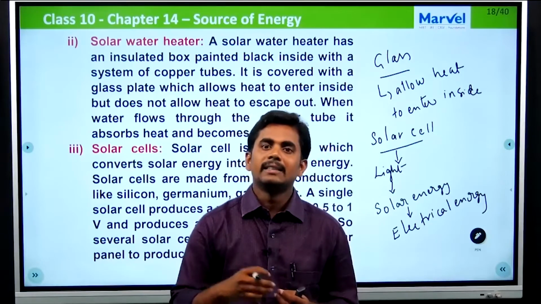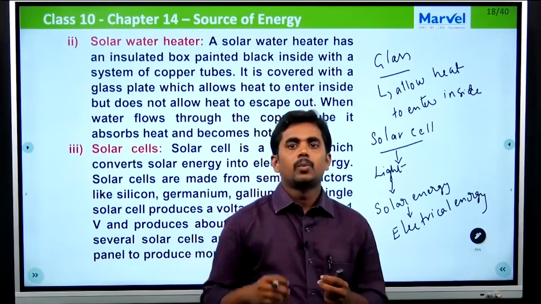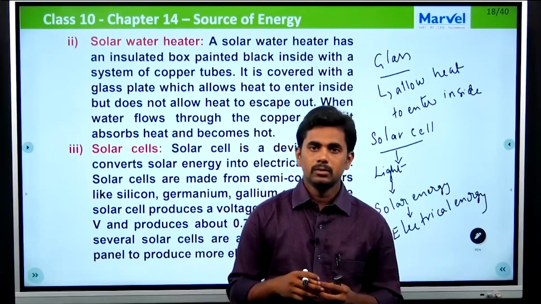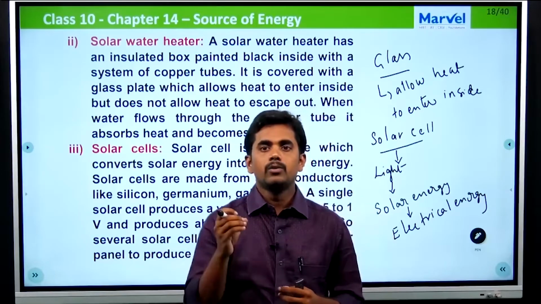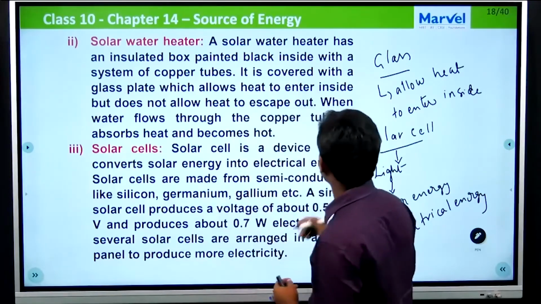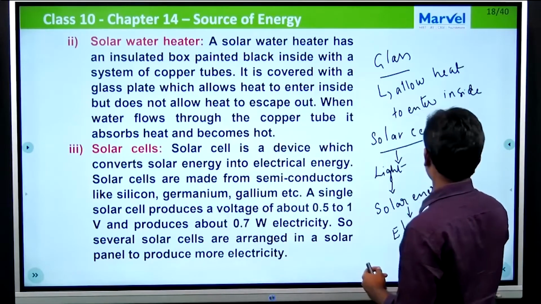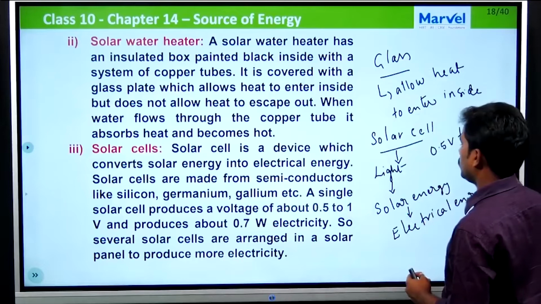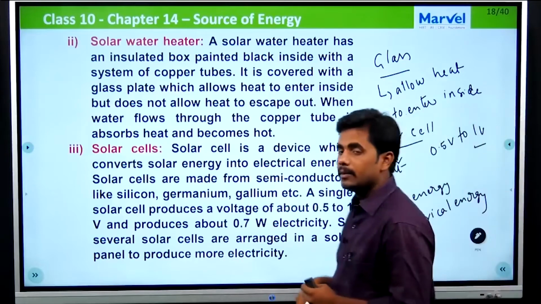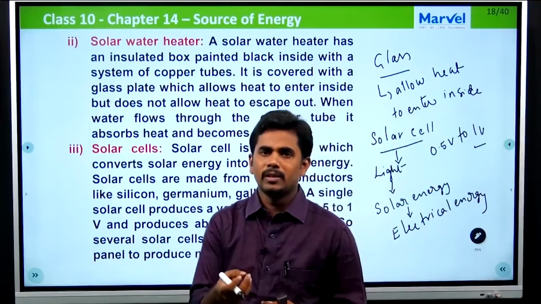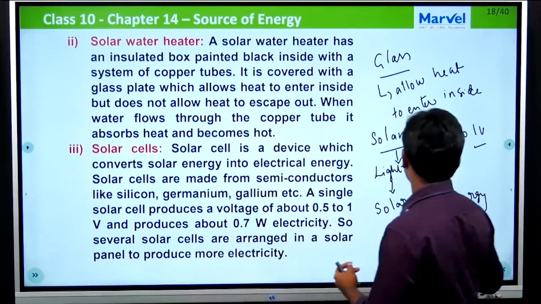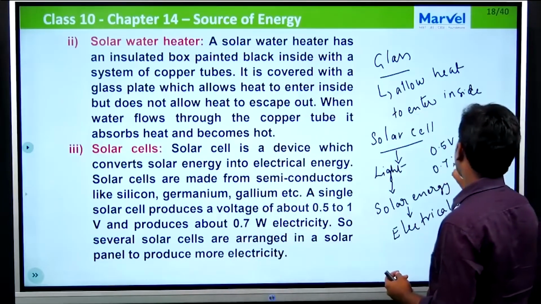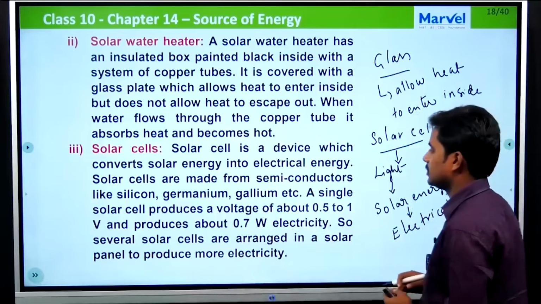Because a single solar cell basically produces a voltage of 0.5 to 1 volt, okay, and produces about 0.7 watts of electricity.